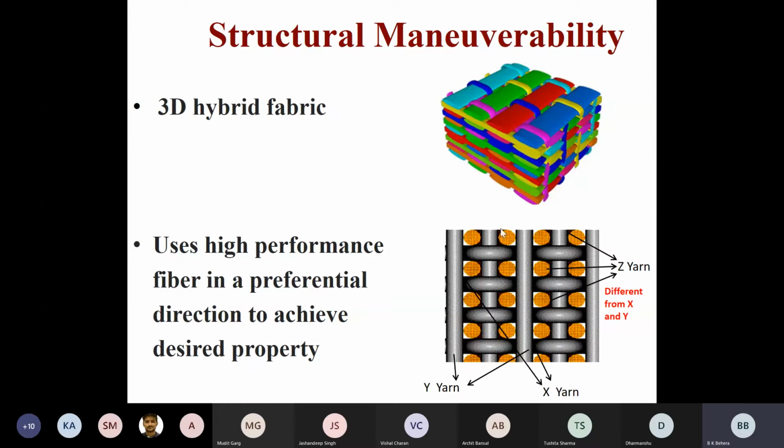That means to give resistance to bullet penetration in these structures, the role of these Z yarns or thickness direction yarns is much higher than the other two yarns, that is stuffer and your weft yarn, that is X and Y yarn.